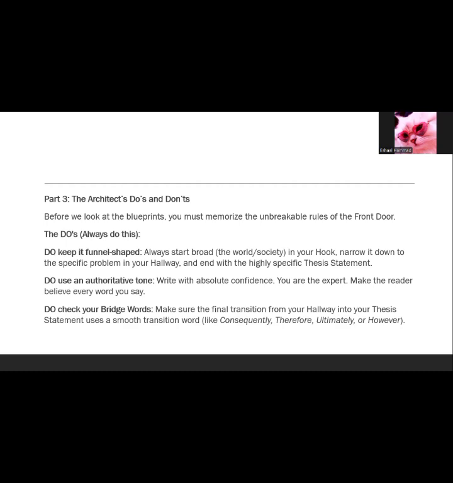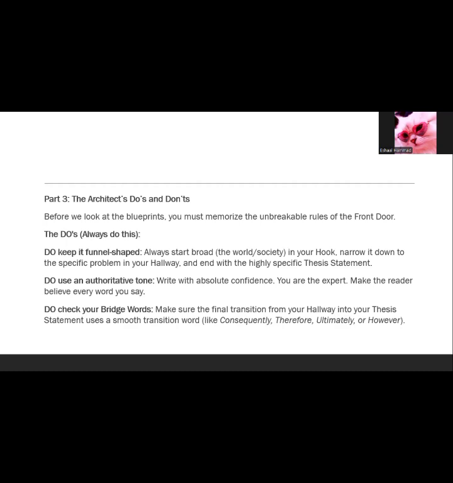Show absolute confidence so that the reader can tell you have done your research. When you're writing any article, you have done your research and you are 100% sure about the material, so why not show it with full confidence?